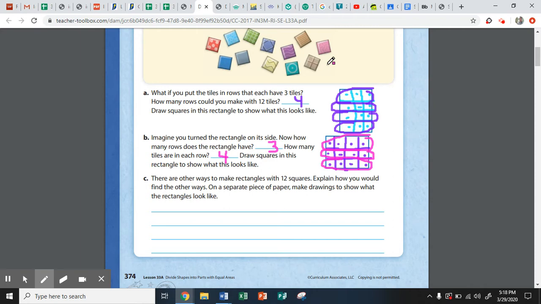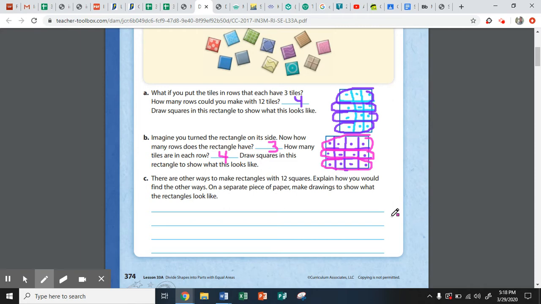So another way we could do it is we could actually use multiplication facts. So in your head, think what two numbers multiplied together are going to give you 12. So blank times blank equals 12. And we cannot use the factors 4 and 3. So what two numbers can we multiply to get the product, or the answer, of 12?